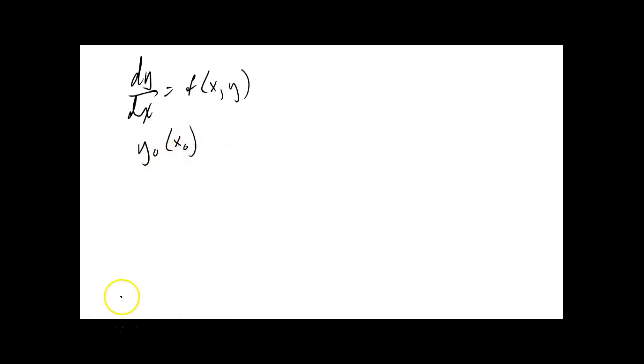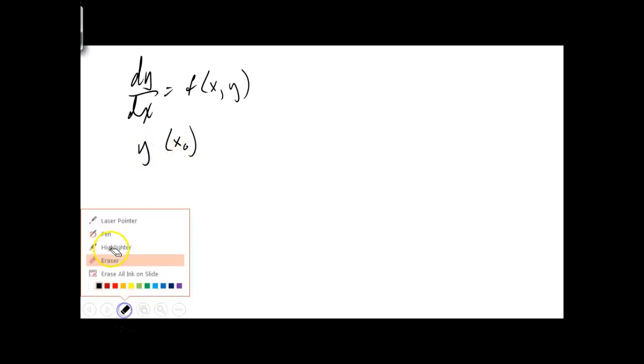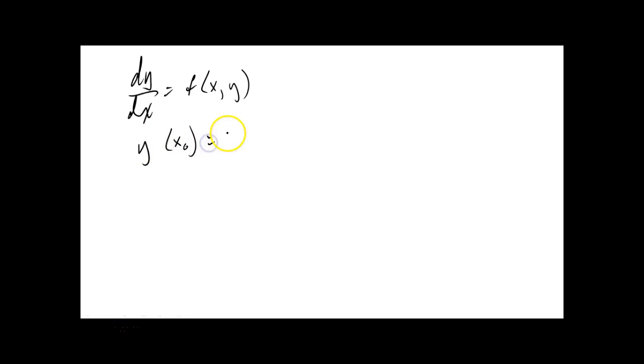I'm sorry, getting things crossed up. Now, of course, y is a function of x. X is the input, y is the output, so that's going to be your answer. So for some x0 out here, your y0 is going to be up there. And that's going to define it.